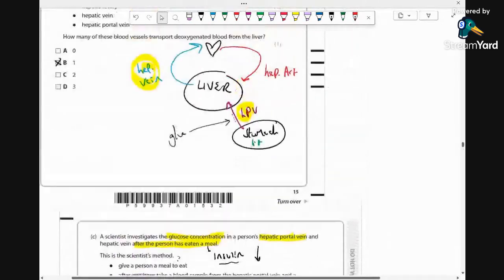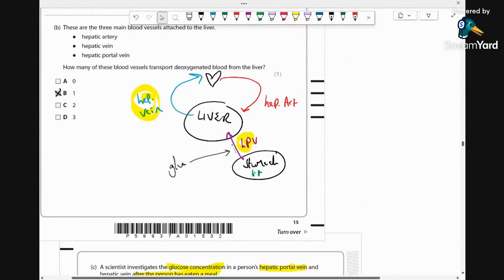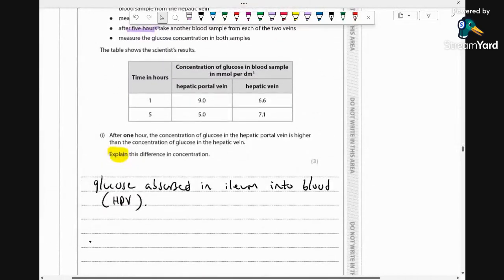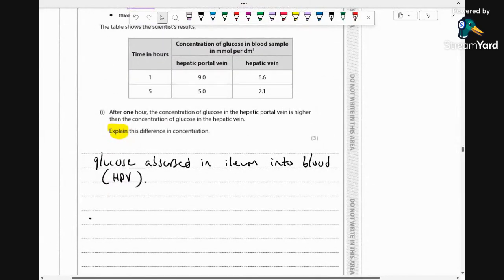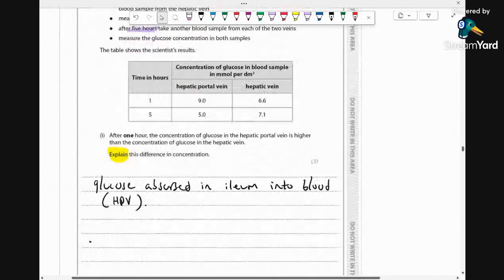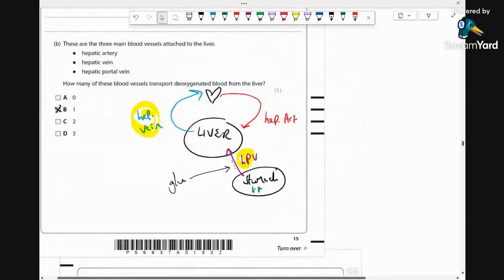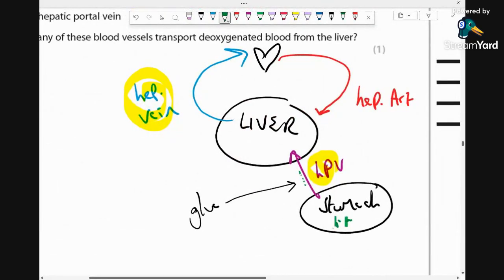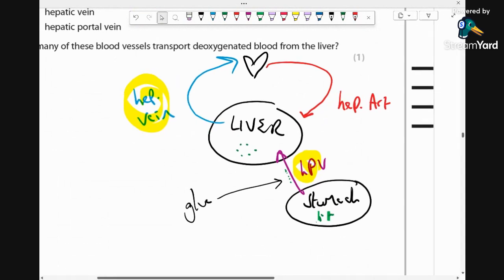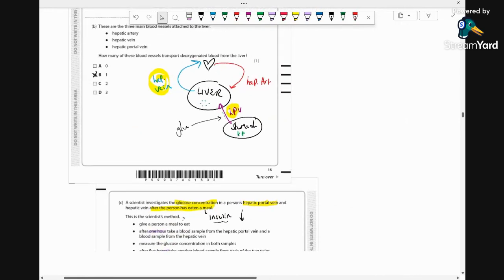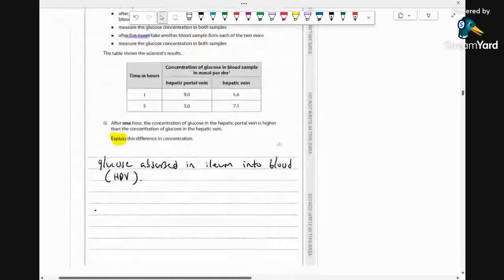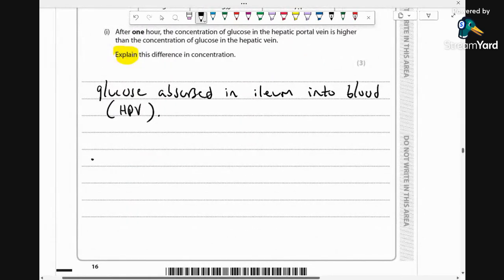Now, of course, what happens in the liver, why else would it be higher than the hepatic vein? Of course, any glucose that comes into here doesn't immediately get kicked out because the liver will metabolize it, won't it? So the question is asking, what does the liver do to the glucose? So, of course, that's the site where insulin acts primarily.